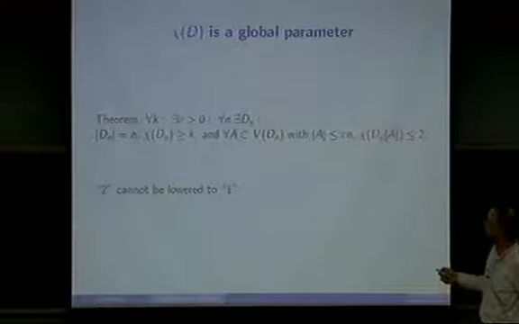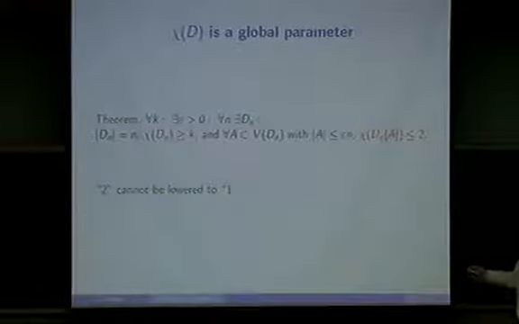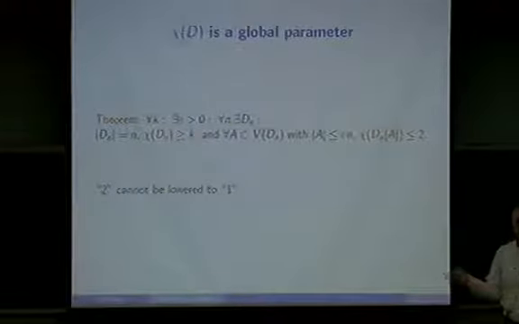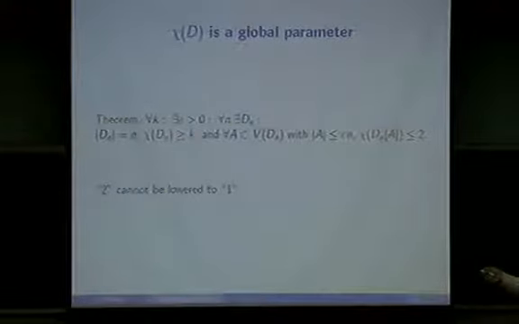Think of k as something large, and epsilon depends on k, but there is some fixed epsilon, and n could be very large. Then a fixed portion of vertices would always be just 1 colorable. 1 colorable means there is no cycle in there.